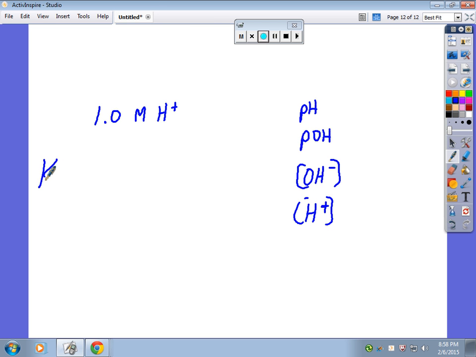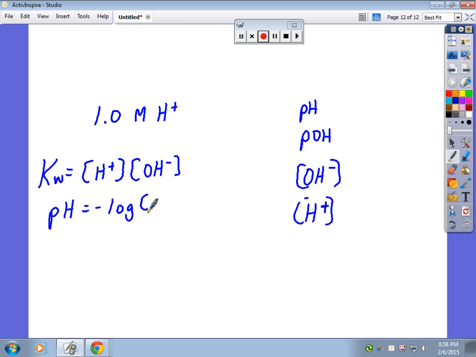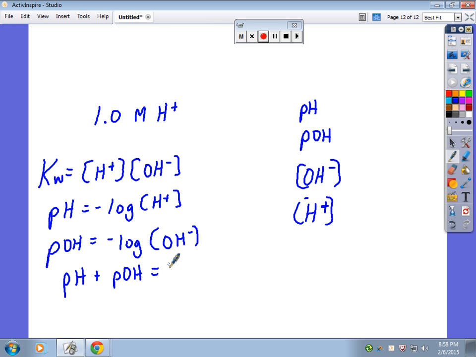What are they? You should be able to say them right now. Kw equals hydrogen ion concentration times hydroxide ion concentration. I know that pH is equal to negative log of my hydrogen ion concentration, and pOH is equal to my negative log of my hydroxide ion concentration. I also know that pH plus pOH is equal to 14.